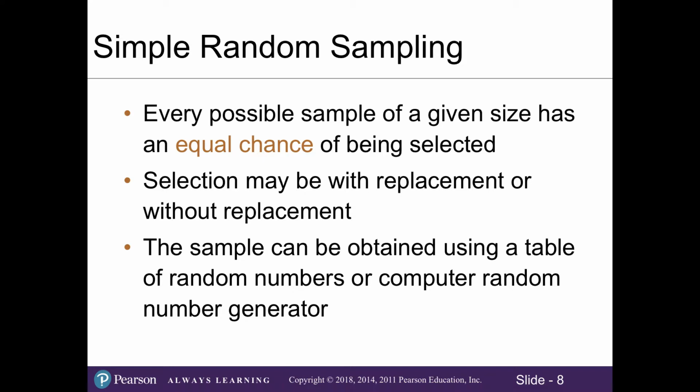This is where every sample has an equal chance of being chosen. Now, selection can be with replacement, meaning once we take a participant out, we put a new participant back in, or without replacement, meaning when we take the sample out, we leave them out. The sample can be obtained from a table of random numbers, or you can use a computer program to generate it. Excel can actually do this for you.